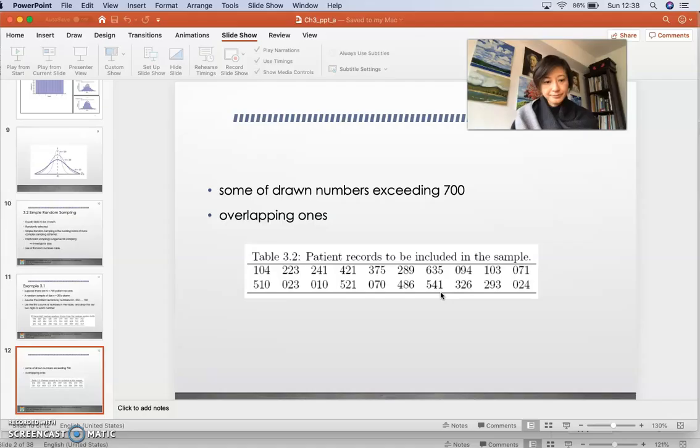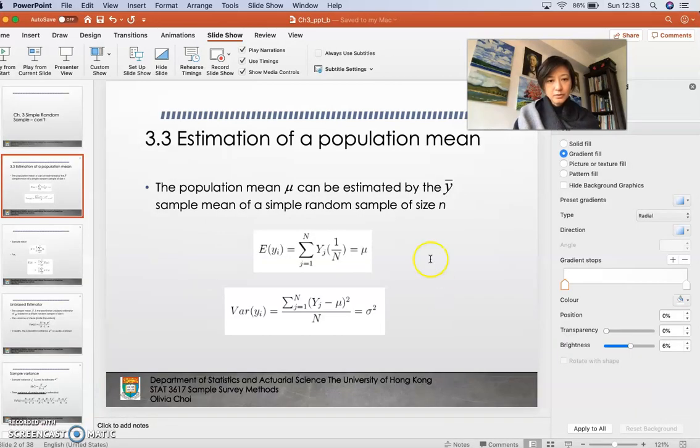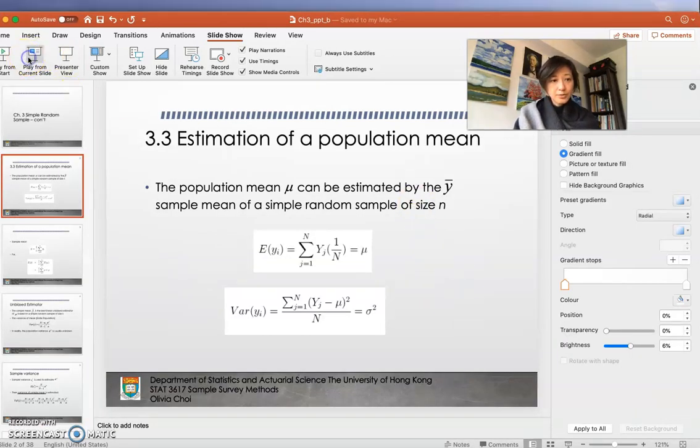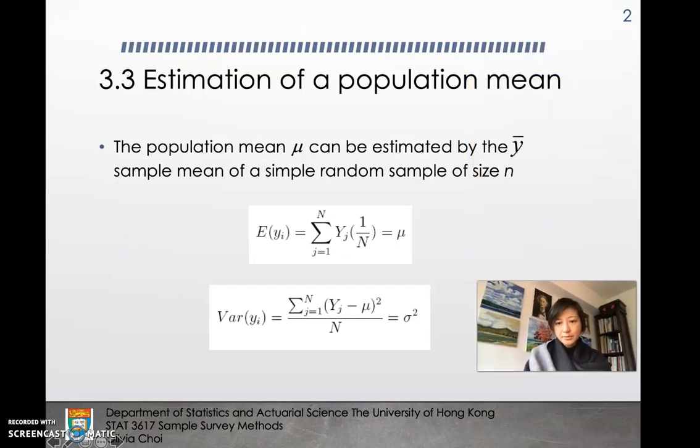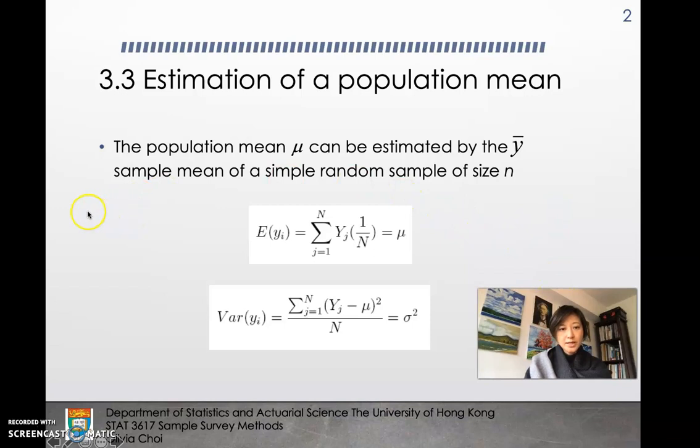Okay. What is good about simple random sampling? Let's continue with this slide. Under simple random sampling, we can say this is an unbiased estimator. Why is that? Let's look at the population mean. The population mean mu can be estimated by the sample mean y bar of the simple random sample of size n.